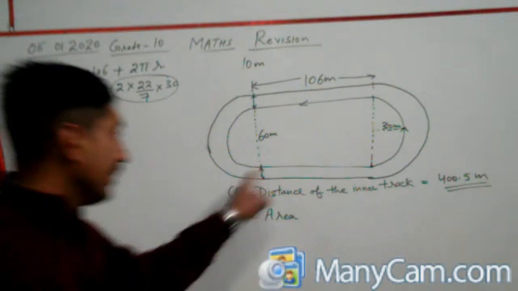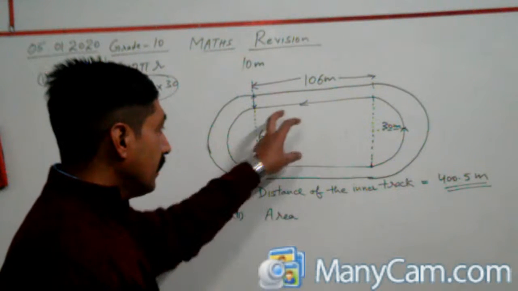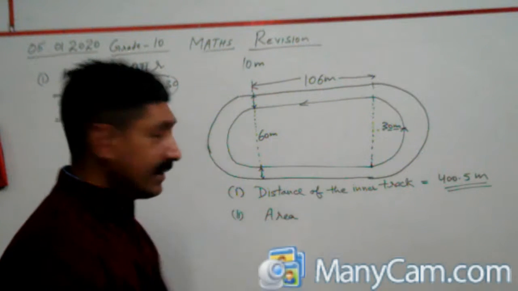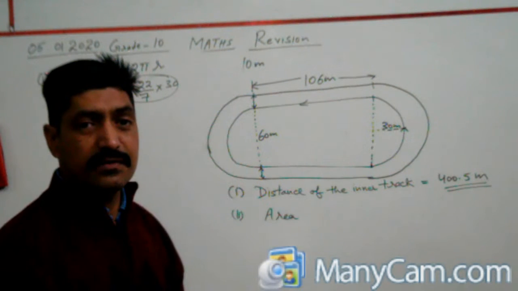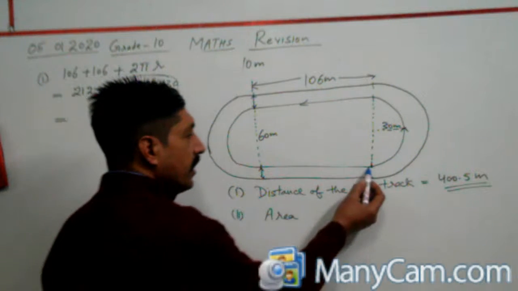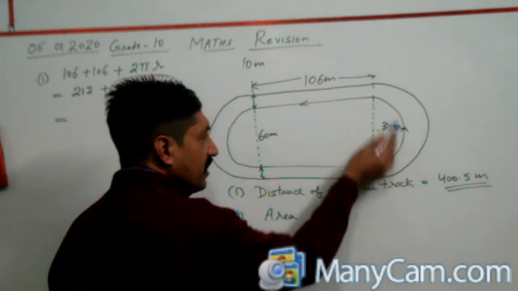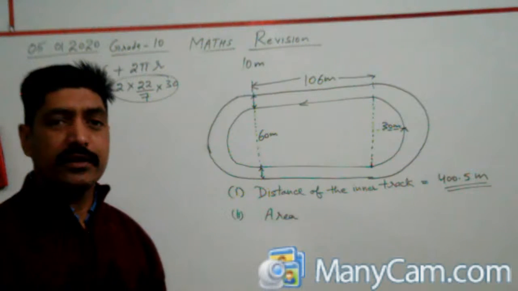The person running along the inner track will complete a distance of 400 meters.